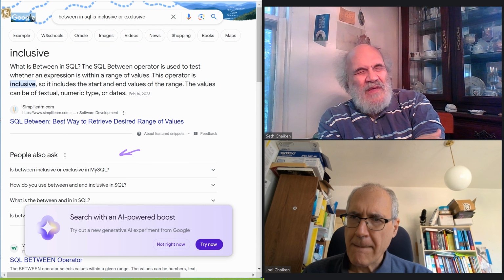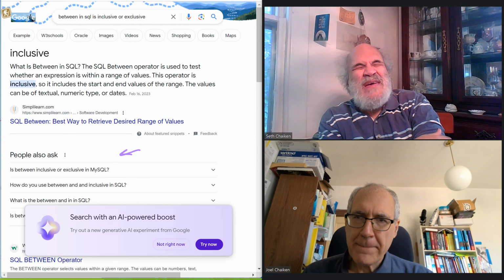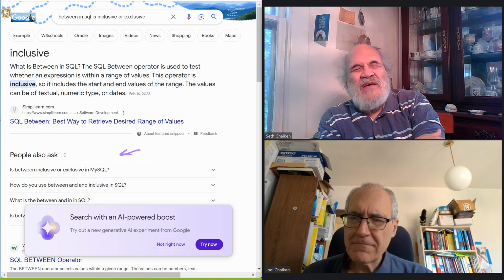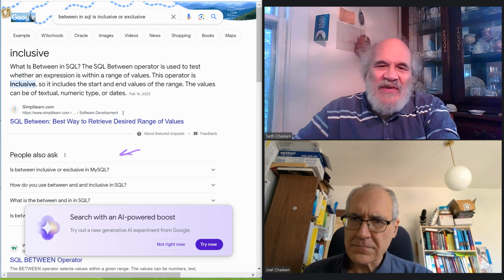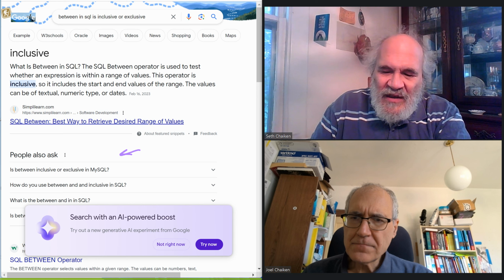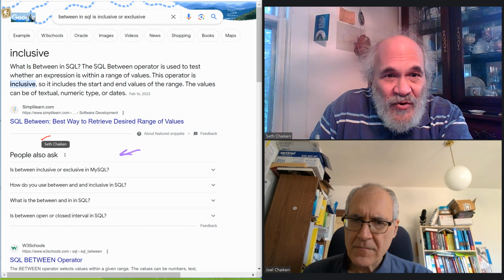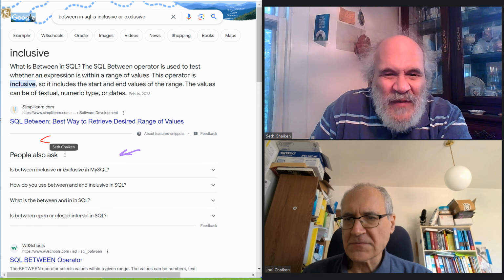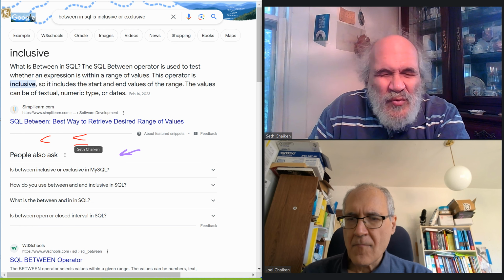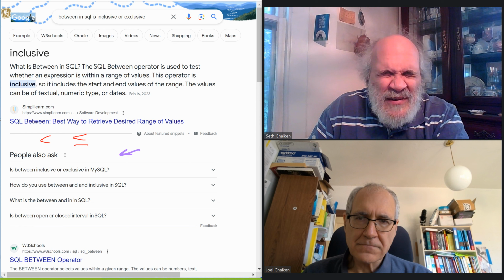In mathematics, they don't use the word between. They use inequality symbols, and there are variants: the symbol for strict inequality, and the symbol for weak inequality, or less than or equal.